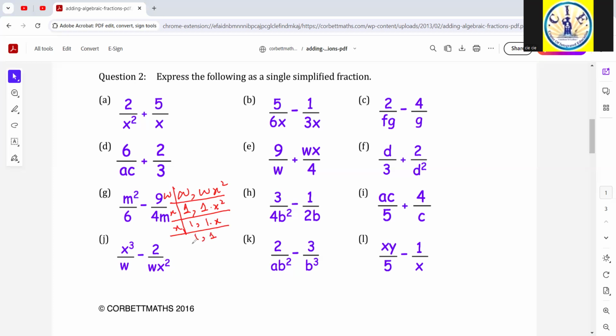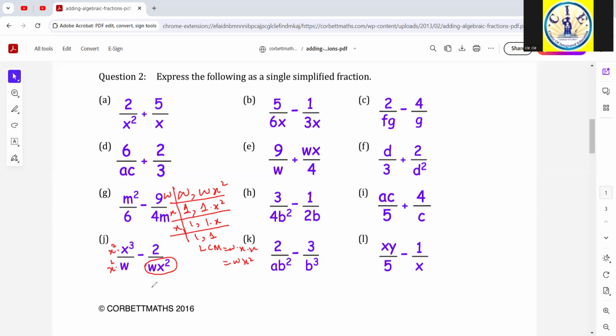So the LCM is going to be wx squared. In the second fraction, the denominator is wx square already. So to make the first fraction have the denominator wx squared, we just need to multiply the first fraction by x squared.